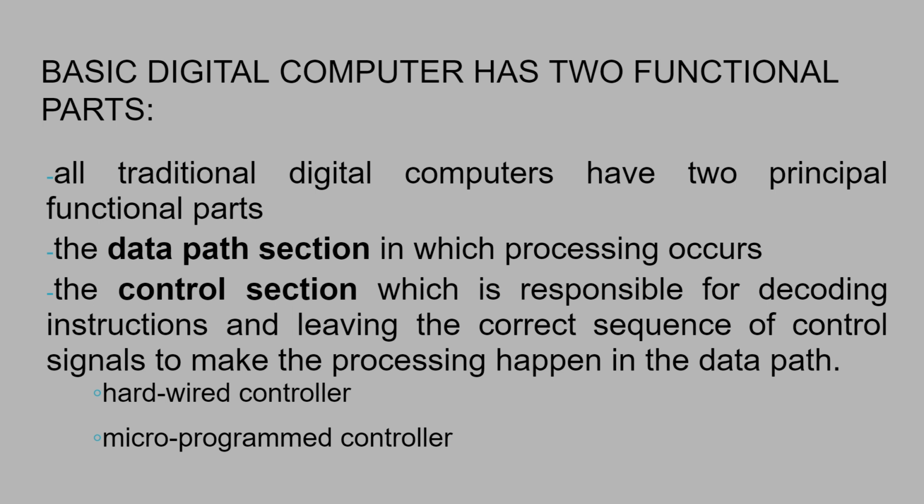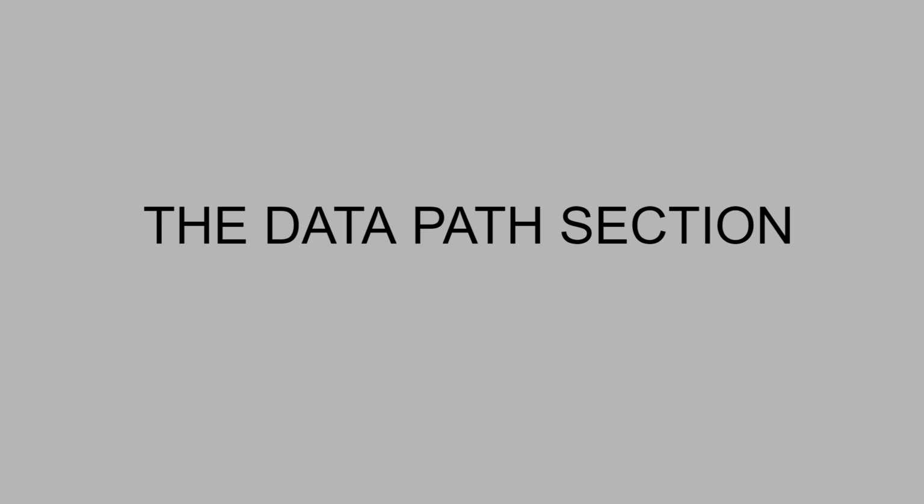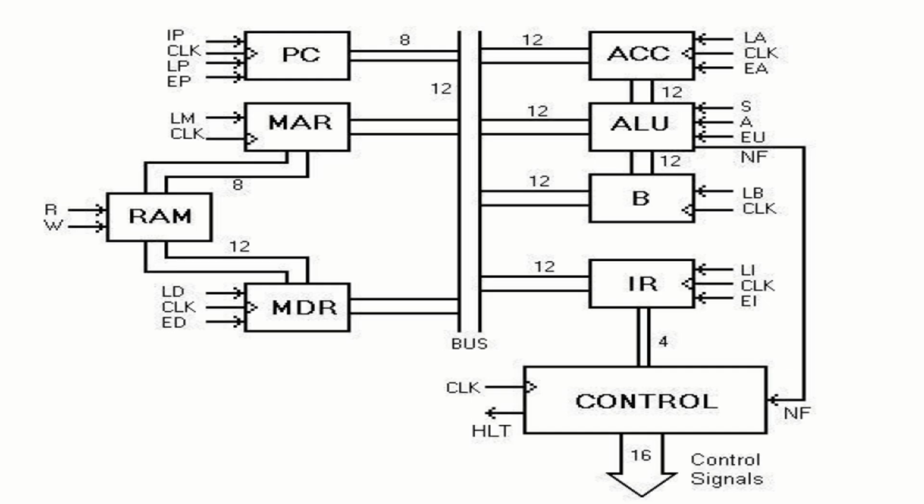We will be discussing the control section in detail later on, but as of now, we can know that the control section can be either hardwired or microprogrammed depending upon the computer. The scope of this lecture, however, is to discuss the data path section and its structure in detail.